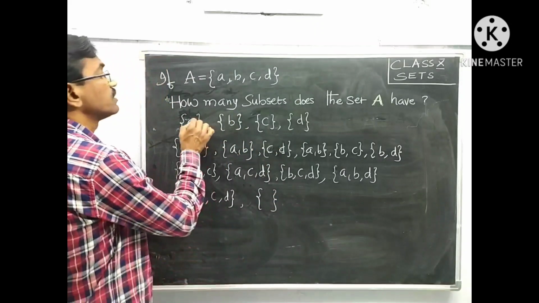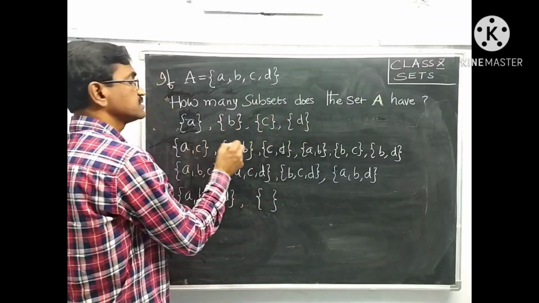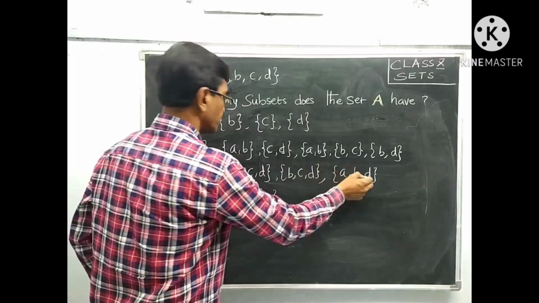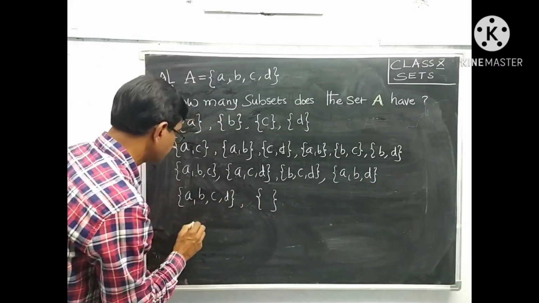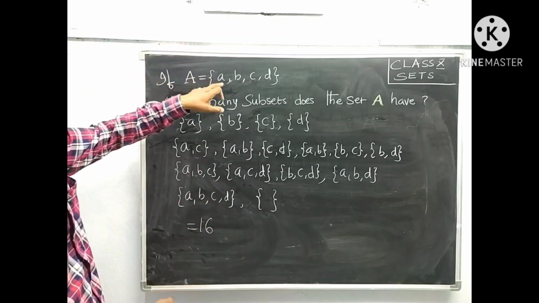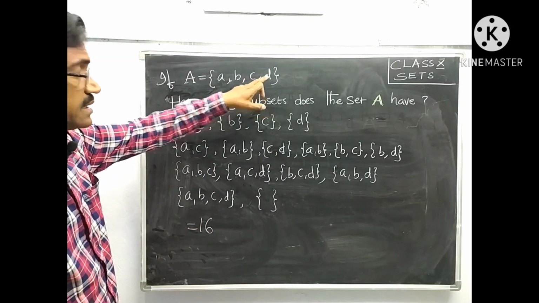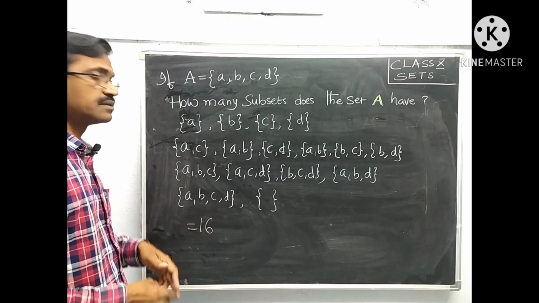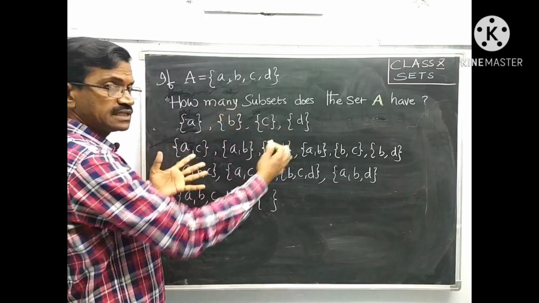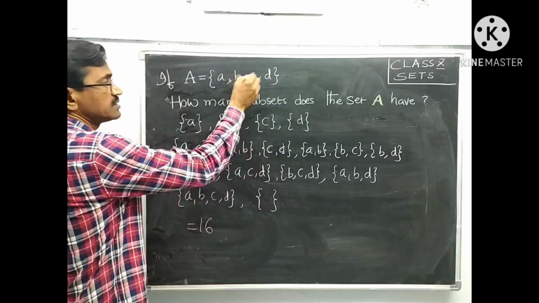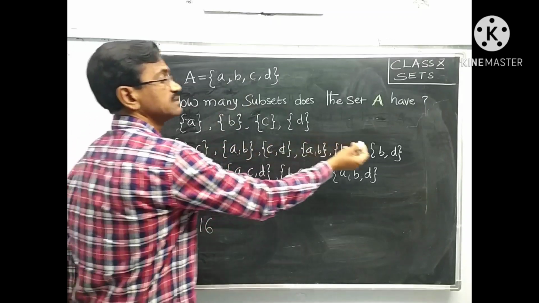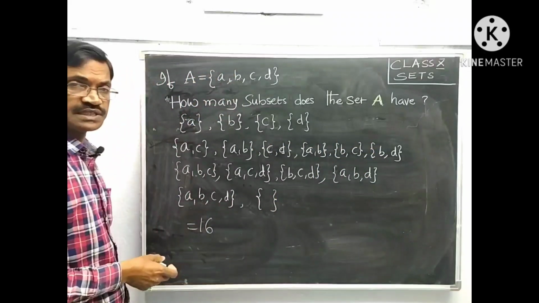Now, let us count: 1, 2, 3, 4, 5, 6, 7, 8, 9, 10, 11, 12, 13, 14, 15, 16. There are 16 subsets. If a set has 4 elements, it will have 16 subsets. First of all, how to write all these subsets? Take one element and write a set. Then take two elements, write the possible sets.